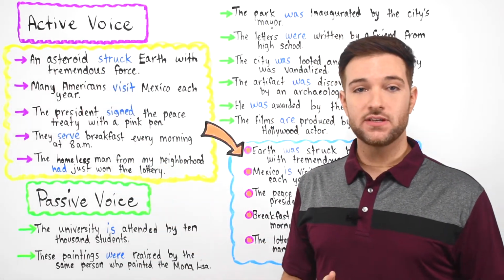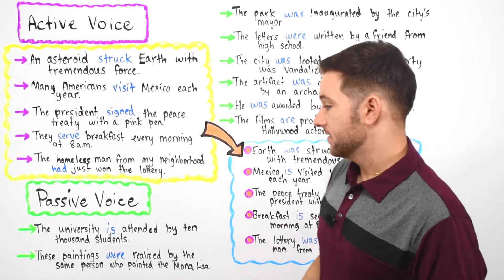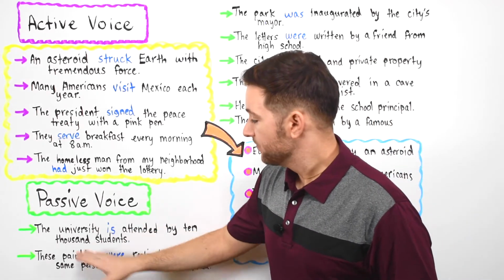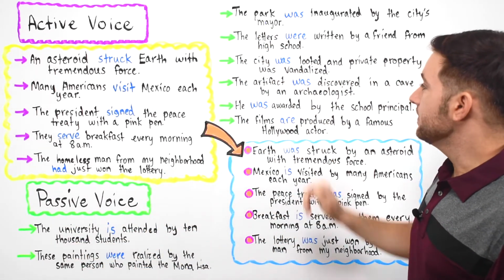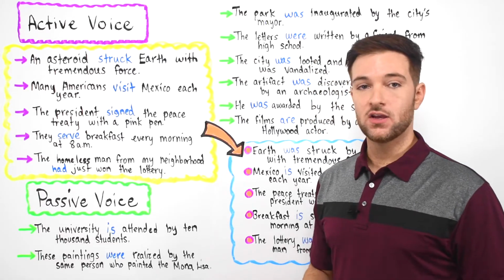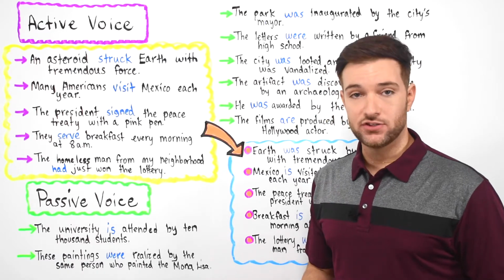Now, a passive voice is when the subject in a sentence is the recipient, okay, of an action by a verb. So with the passive voice, the subjects are the recipients of the action, okay, performed by what we call, and what we'll learn later in this lesson, an agent.